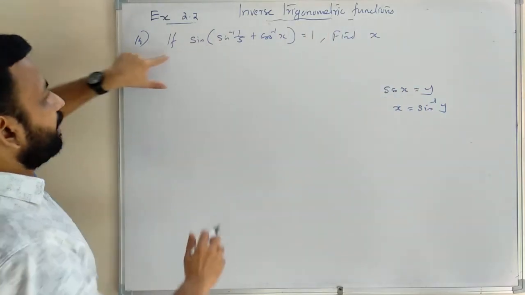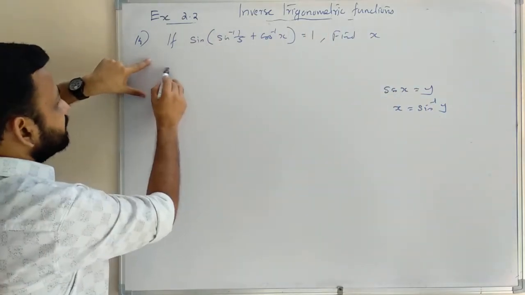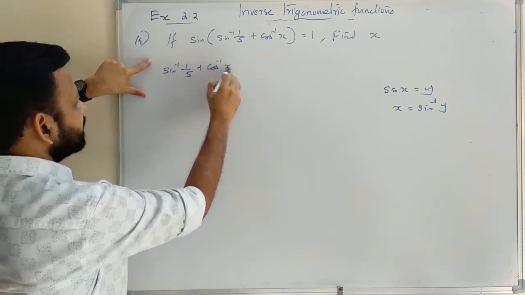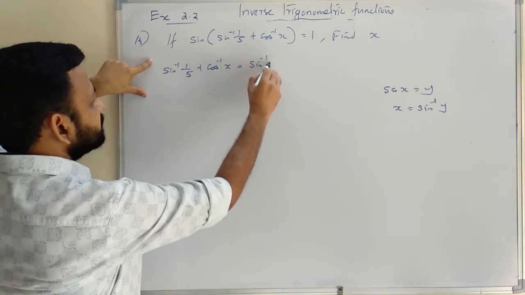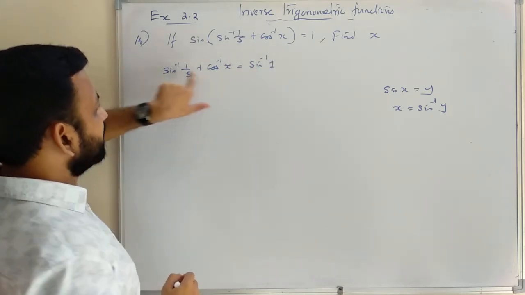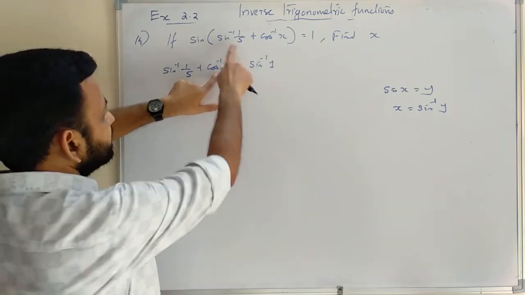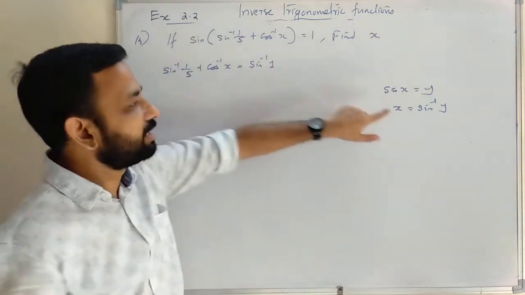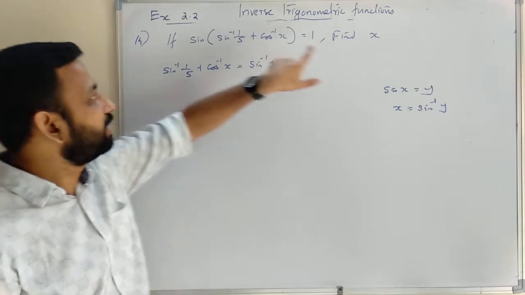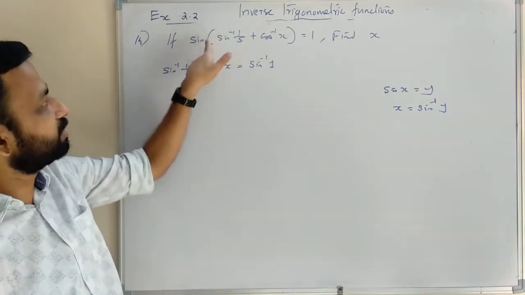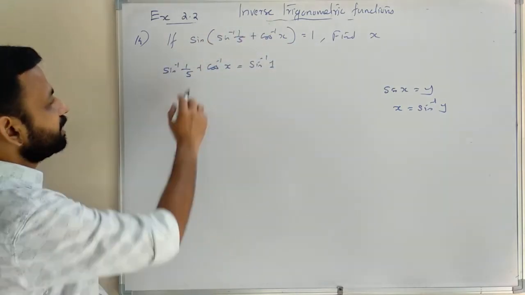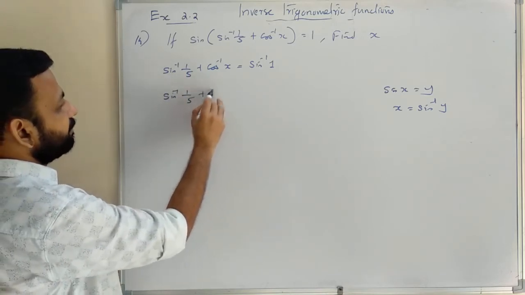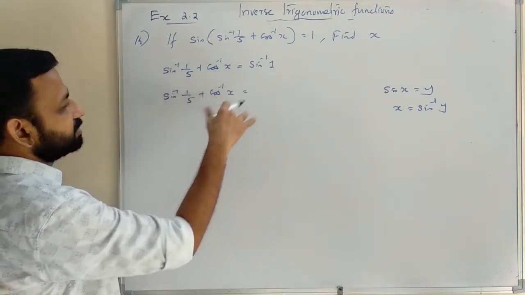Similarly, we can write sin inverse 1 by 5 plus cos inverse x is equal to sin inverse 1.